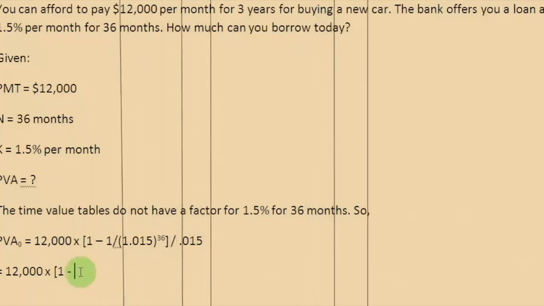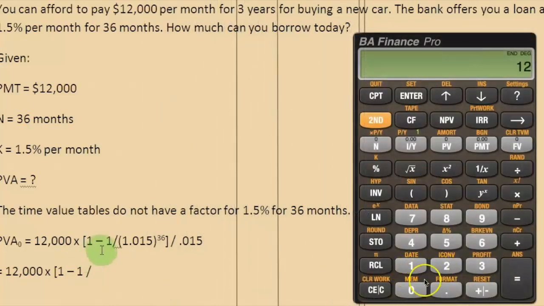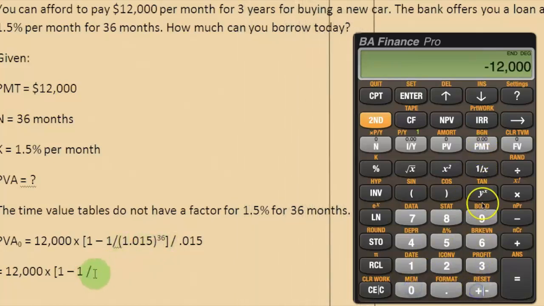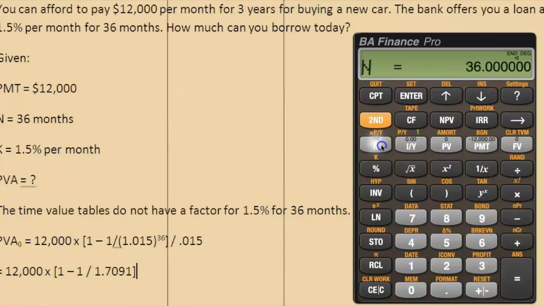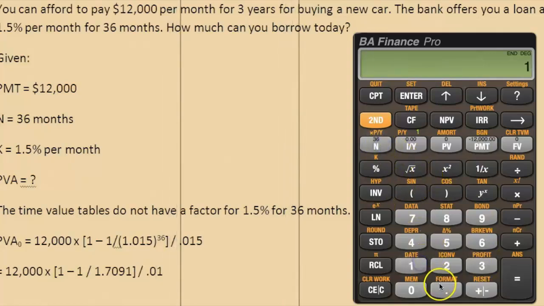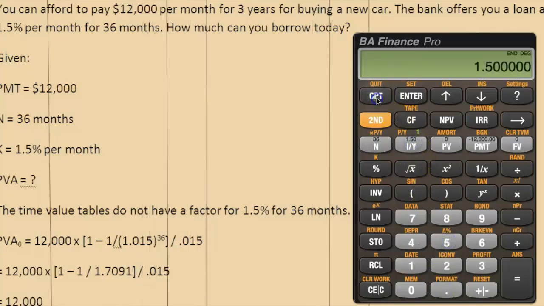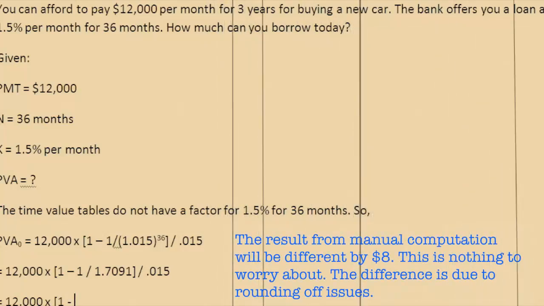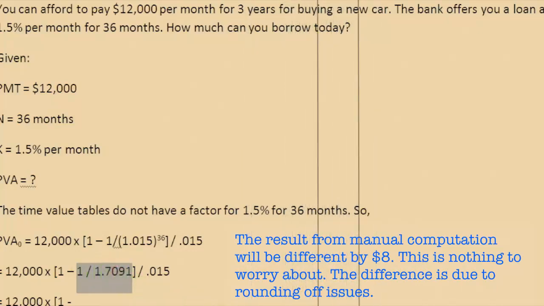So let me complete this. 1 minus 1 over, let me write down what I found for 1.015 to the power of 36. I had found out 1.7091, and let me then close this bracket and divide the whole thing by 0.015. Now again 12,000 times inside the bracket 1 minus. Now let me find out what is the value of this item here. 1 over 1.7091.